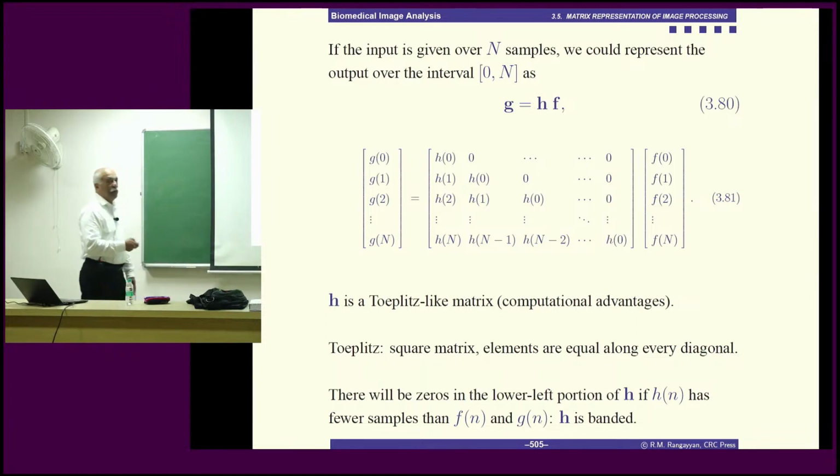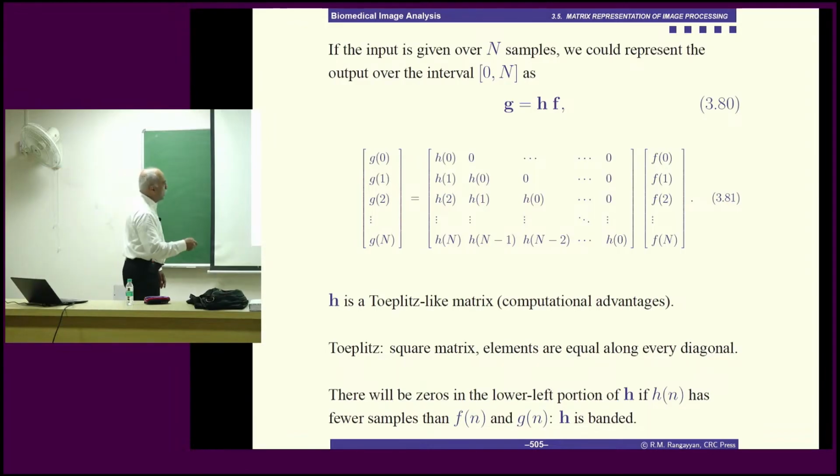It is said to be Toeplitz-like, but I'll show the Toeplitz matrix later on, which gives some computational advantages because of these zeros. A Toeplitz matrix is a square matrix where the elements are equal along every diagonal, but that's not the case here. This is equal, that is equal, and so on, but the other side doesn't appear that way.